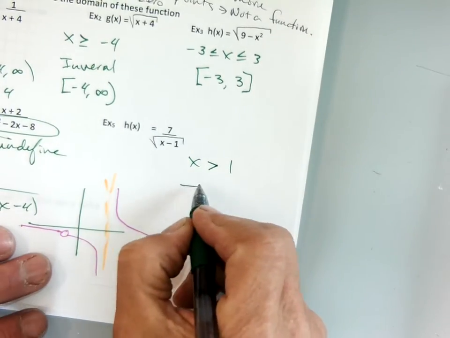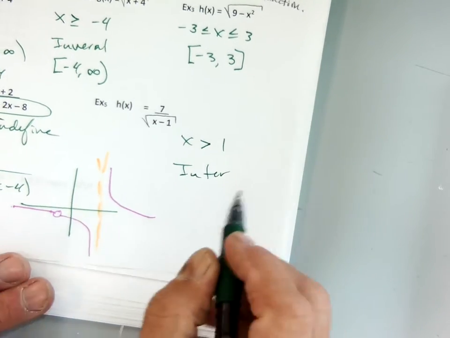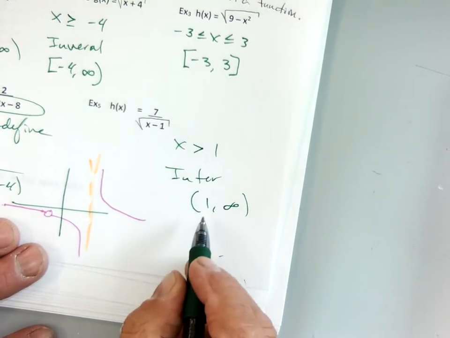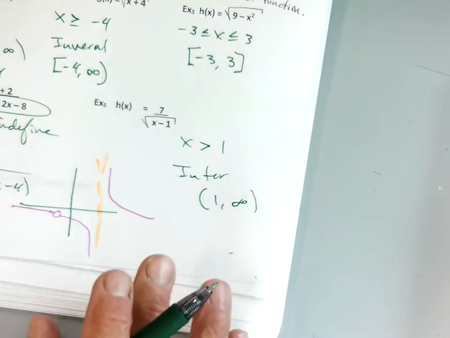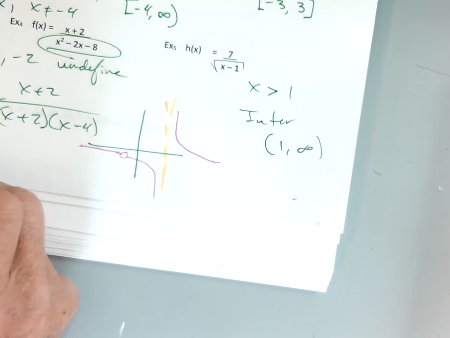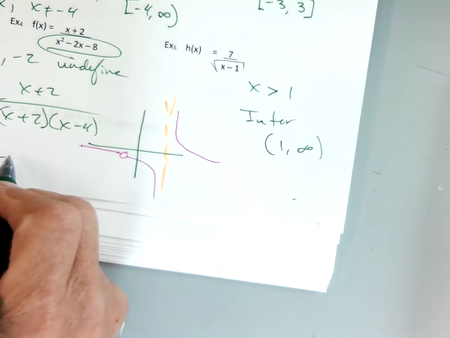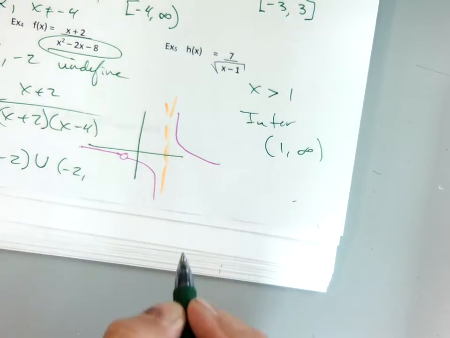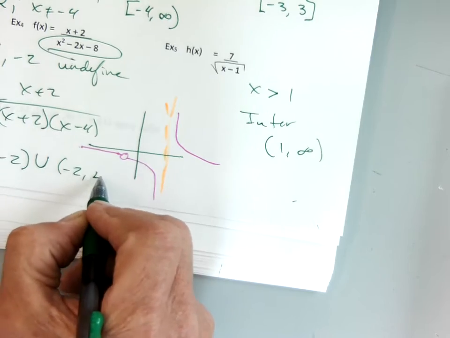Interval notation, which I like, is going to be 1 comma infinity. And Vince, you can see why I didn't use a bracket, right? Yeah. How about this one? You want to see how to do this one in interval notation? This one's wild. We go negative infinity, comma, negative 2, union, negative 2, comma, 4.